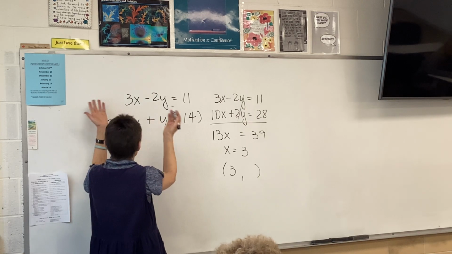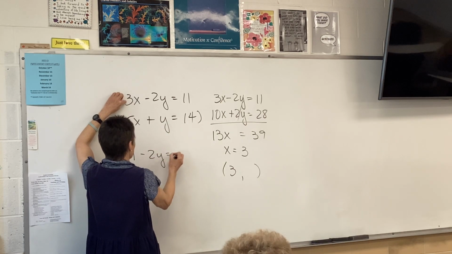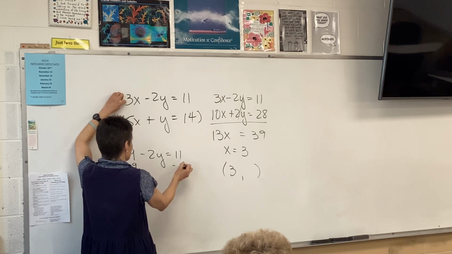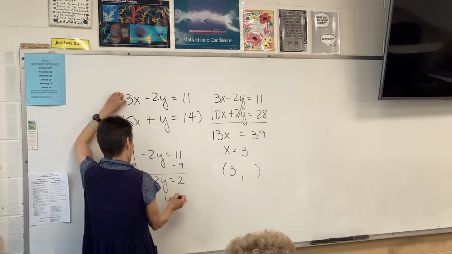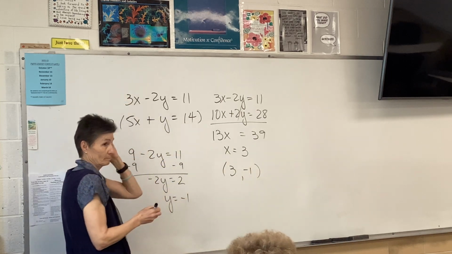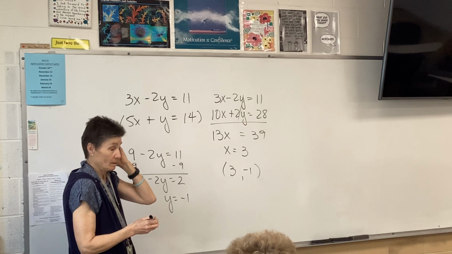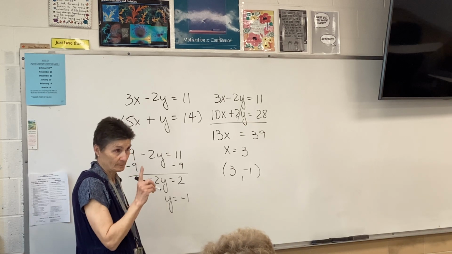So if I just do it on the top, I have 9 minus 2y equals 11. So I'll subtract 9, so negative 2y equals 2. I think y is negative 1. And that's that. All right, everybody okay?